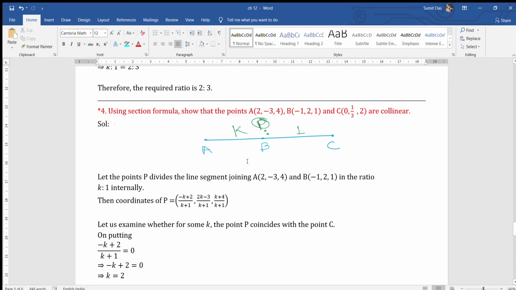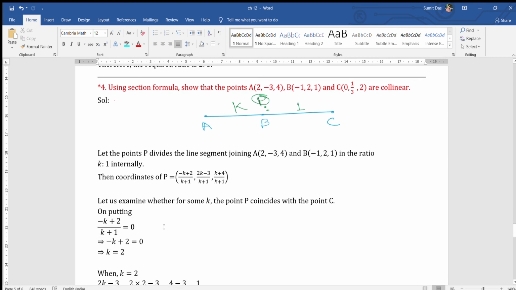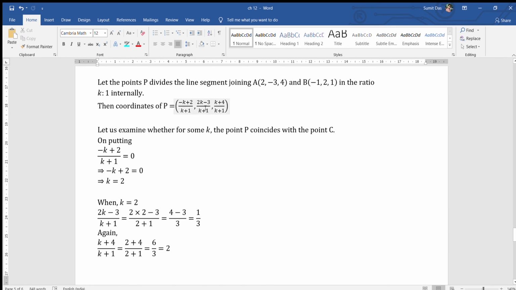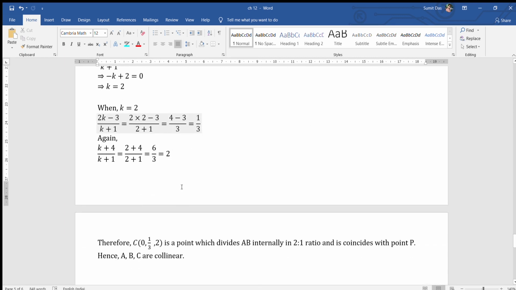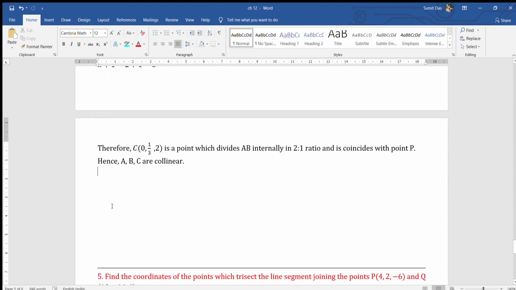After that, using the section formula we get the coordinates of P, and then comparing the x coordinate of P and C, we get one value of K. After getting K, we put it into the y coordinate and z coordinate of P to check whether they coincide or not, and we can see they are coinciding. For this value of K, P and C coincide, so we can say A, B, C are collinear. Is it clear, anyone?